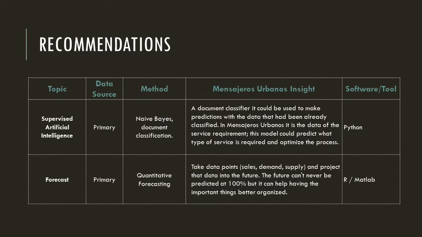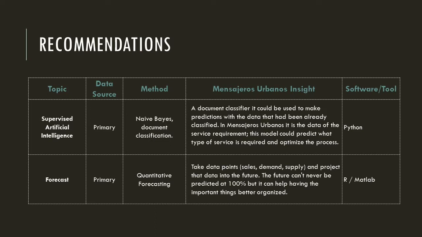In supervised artificial intelligence, you can train a model to make predictions using data that has already been classified. Emails are a classic document classification problem, but in Mensajeros Urbanos it could be used to predict the type of service that is required. Through a statistical model, it is possible to predict the service requirement in real time when the customer describes their need on the homepage.